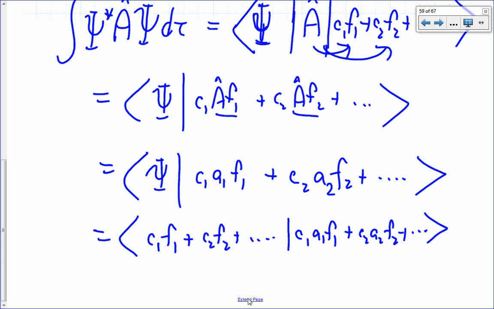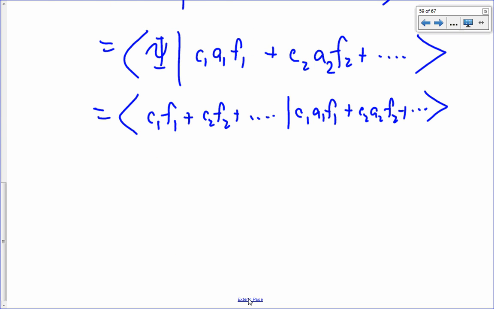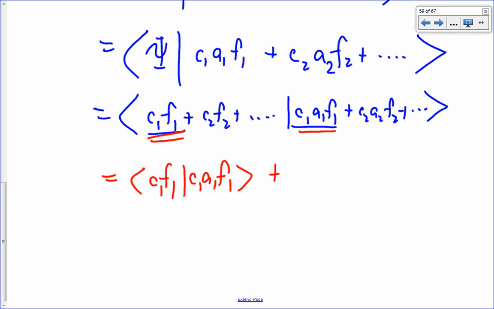Okay? So what can we do? We can split this up into little parts. So if you put this one and this one together, what do you get? C1 f1, c1 a1 f1. What would that be? I can pull out my a1, right?